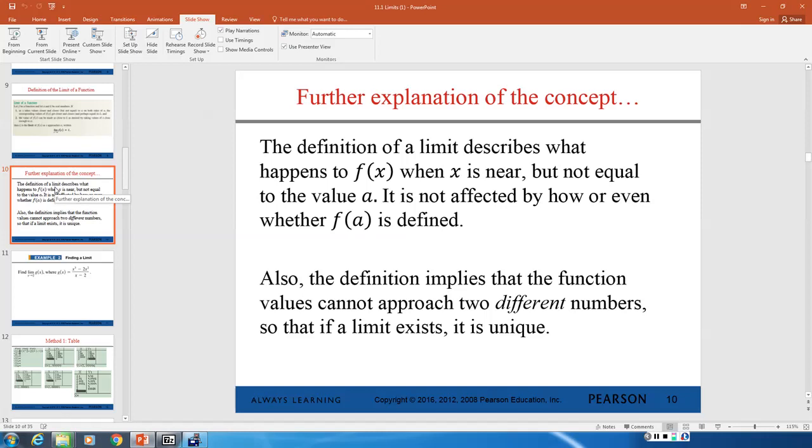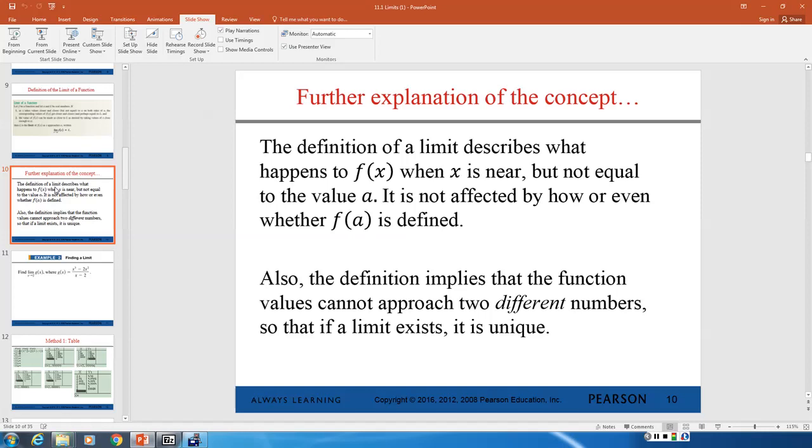So keep in mind, here's the difference. The definition of a limit describes what happens to the function, the y value, as x gets closer and closer to, or near to, but not equal to that number. It's not affected by how or even whether you can plug in that number.